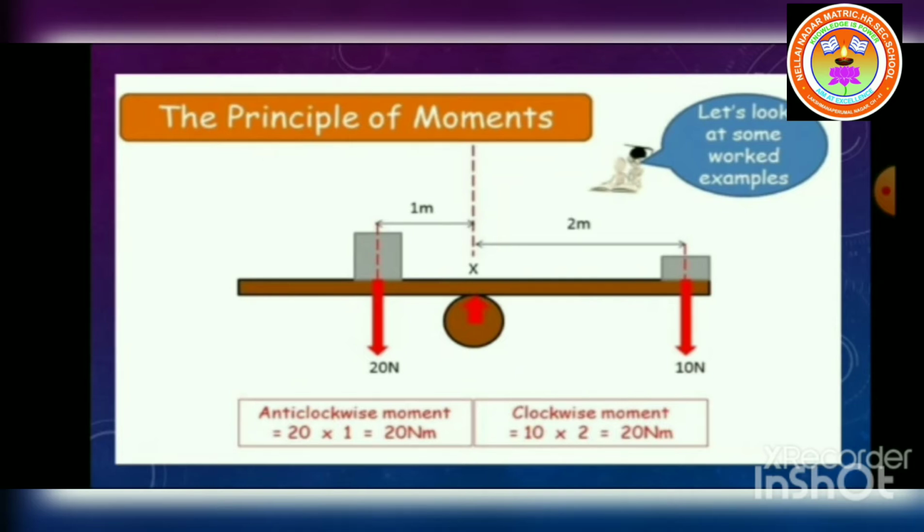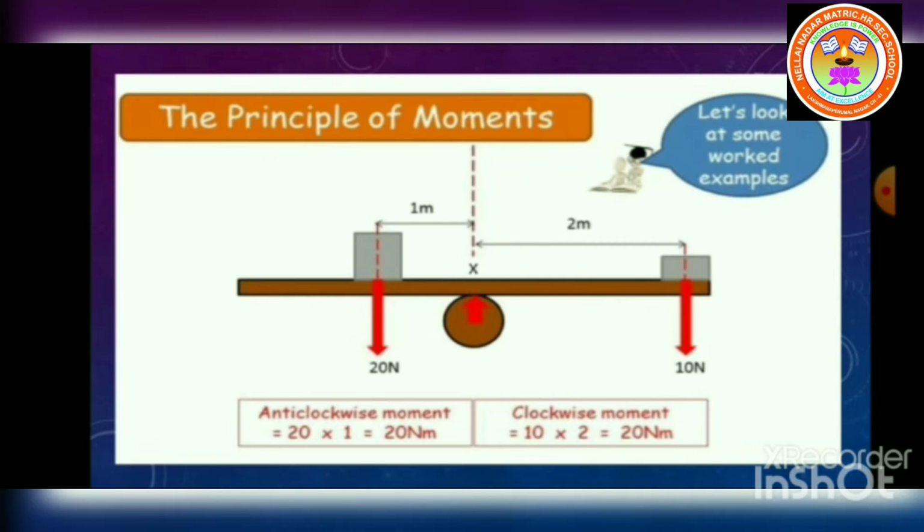So the left hand side is the anti-clockwise moment. Already we know that. So F1 into D1, 20 into 1 is equal to 20. Children, what is the unit of force? Newton. What is the symbol of Newton? N. The distance unit is meter, the symbol is m.